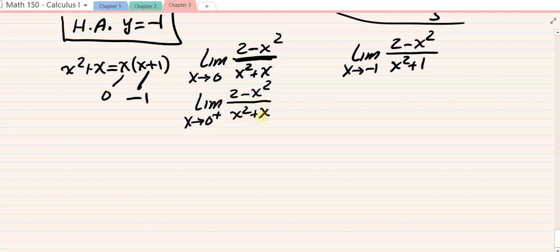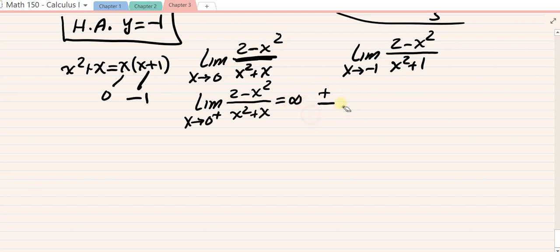Now, as this goes to 0 from the right, the numerator is 2. And x squared is going to be positive. And 0 from the right is like 0.1. So the denominator is going to be positive, right? So the fraction is positive over positive. It's like 2 over 0 kind of thing. So it's going to be positive infinity.